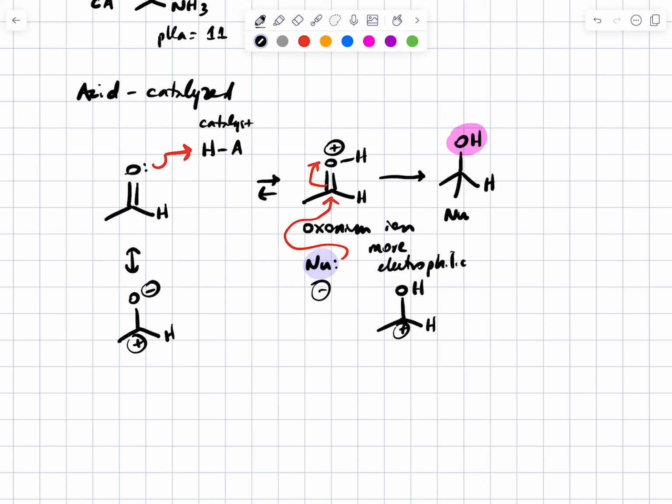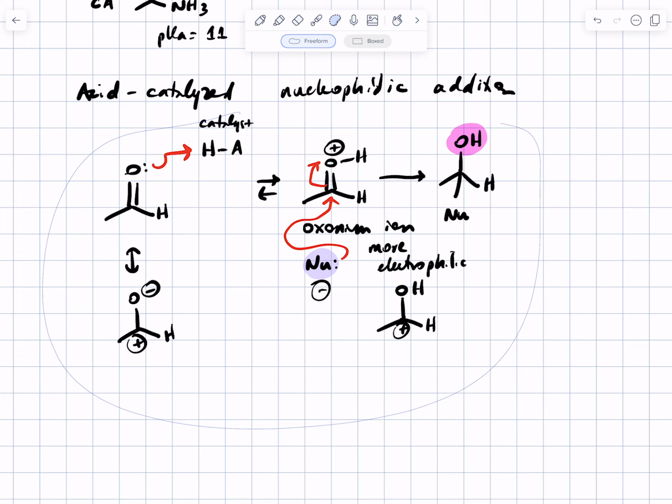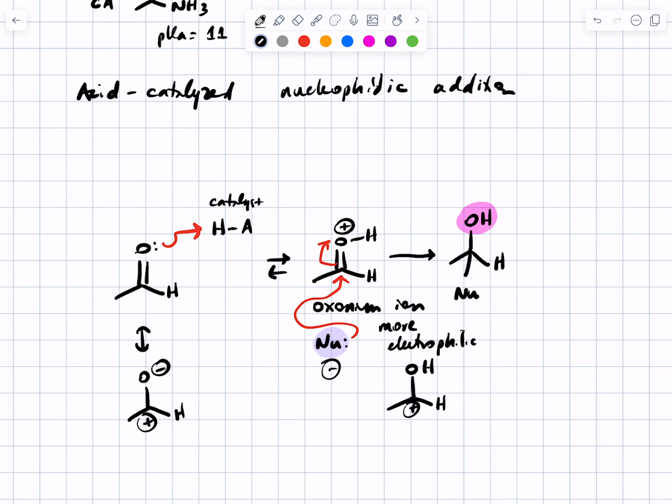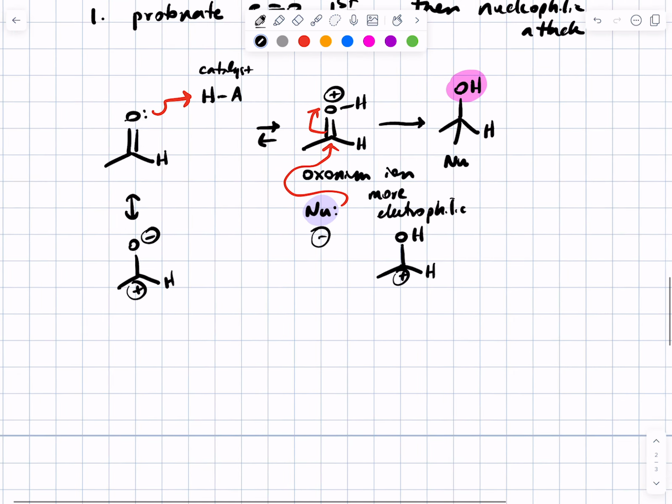We'll just be general here, acid-catalyzed nucleophilic addition. Option one is, and I need a little bit of space, I apologize for the poor penmanship. Option 1 is protonate first, protonate the carbonyl oxygen first, then in a second step you do nucleophilic addition or nucleophilic attack.